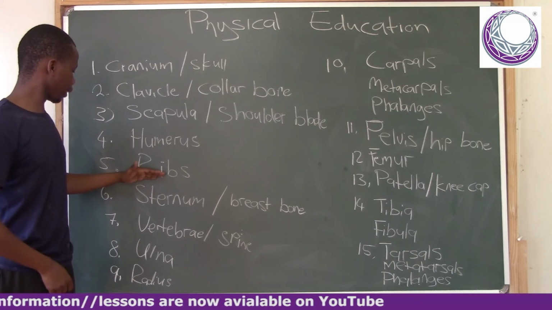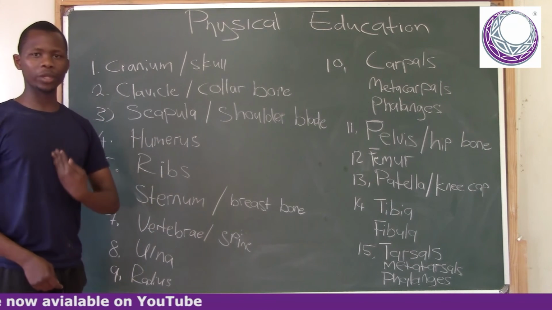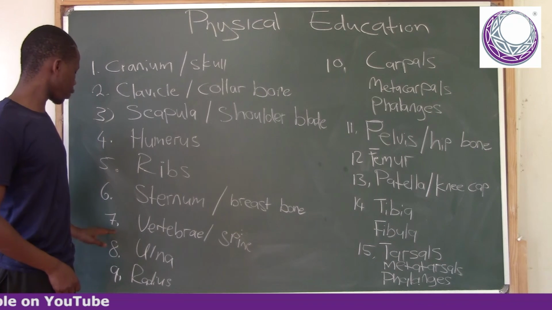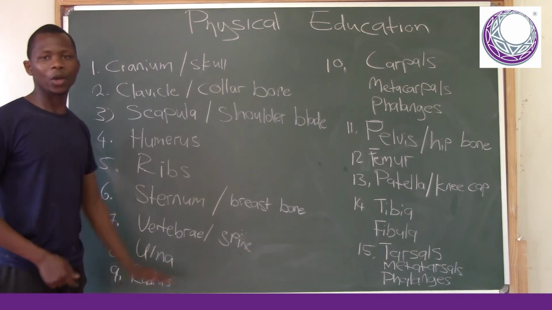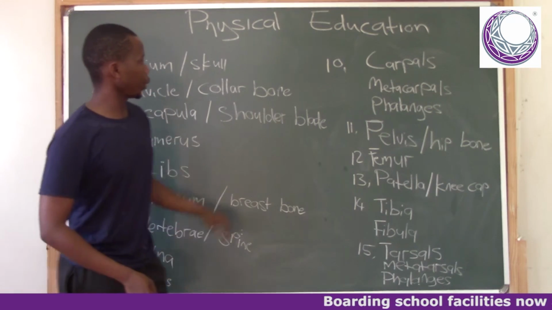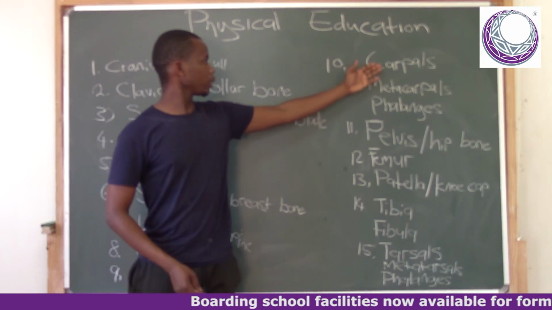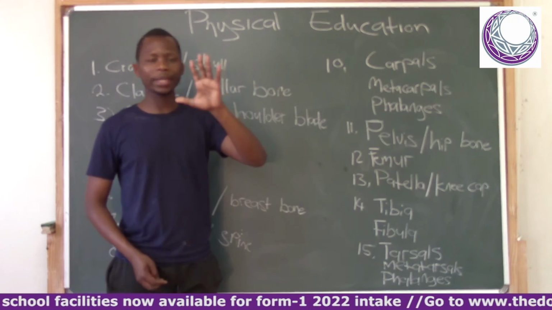We have mentioned the ribs, the sternum or the breastbone, which is located in between the ribs. We have also mentioned the vertebrae, which is the spine, ulna and radius, which are bones in our lower arm. We also went on to mention carpals, metacarpals, and phalanges, which are bones in the hand.